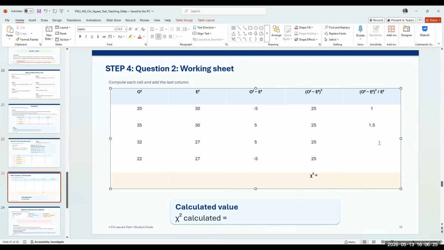Then 32 on 25 is going to be 1.28. Then 22 on 25 is going to be 0.88. And what will our total be then?